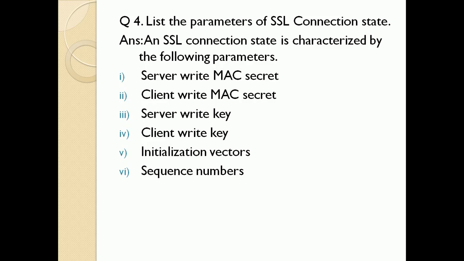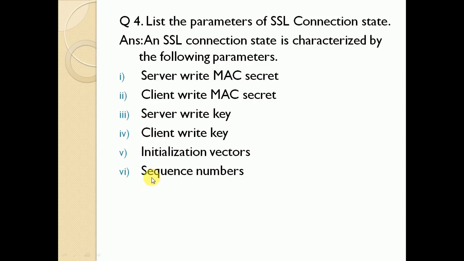And CBC is cipher block chaining mode. So the vectors are initialized by the SSL handshake protocol, and finally the ciphertext block for each record is preserved for use as the initial vector with the next records.